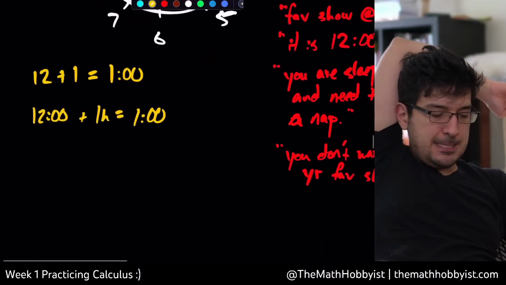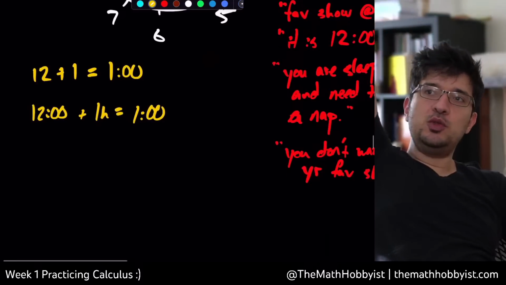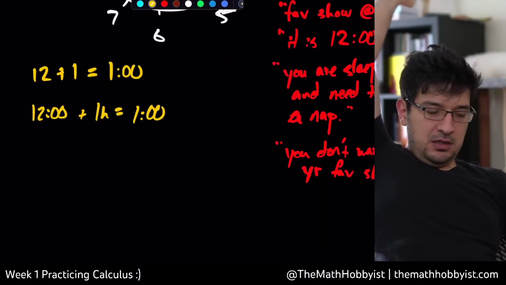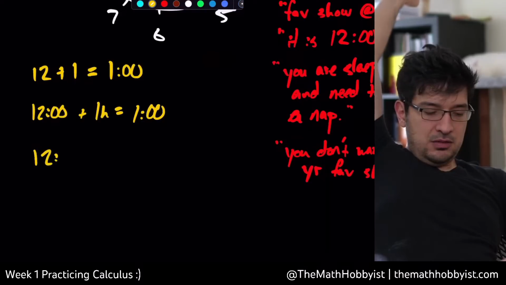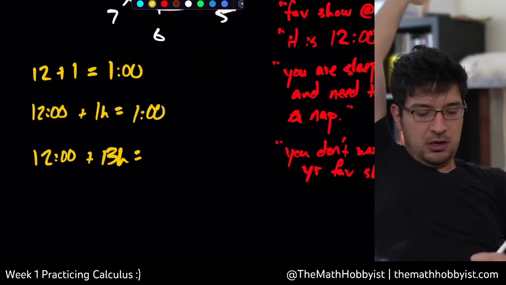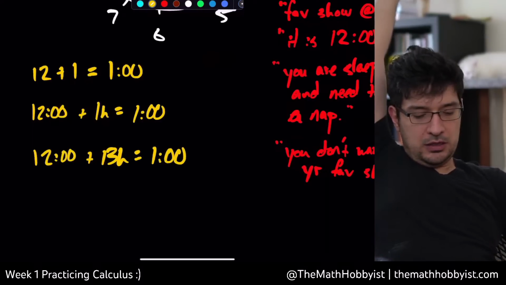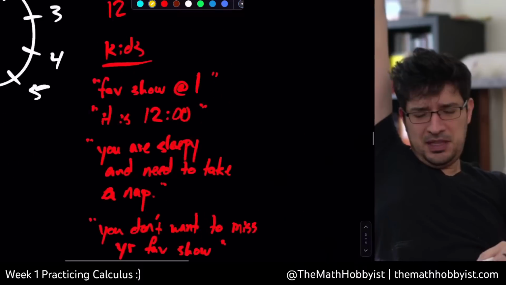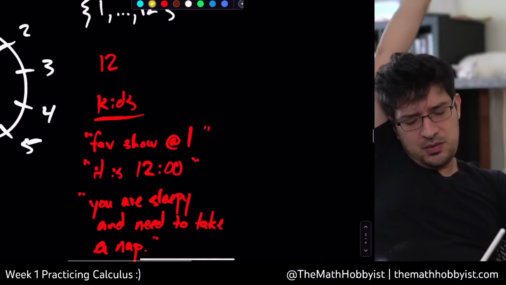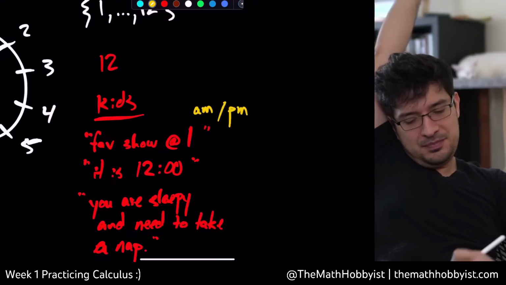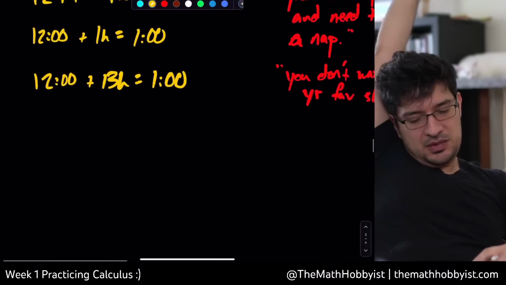Okay, that works, but what if you're too sleepy for that? You need to sleep for more than 1 hour. Okay. Well, 12 o'clock plus 13 hours also equals 1 o'clock. In this formulation, the favorite show is at 1 o'clock a.m. and 1 o'clock p.m. I know it's a little absurd.